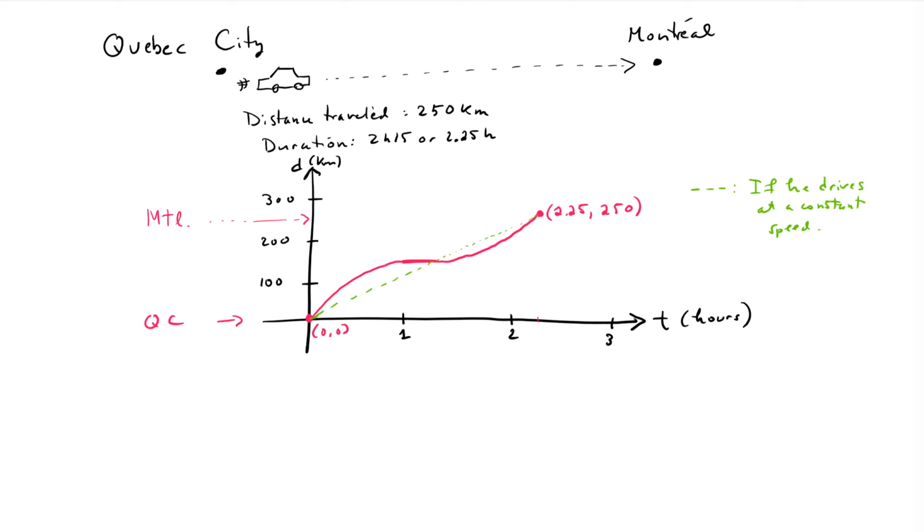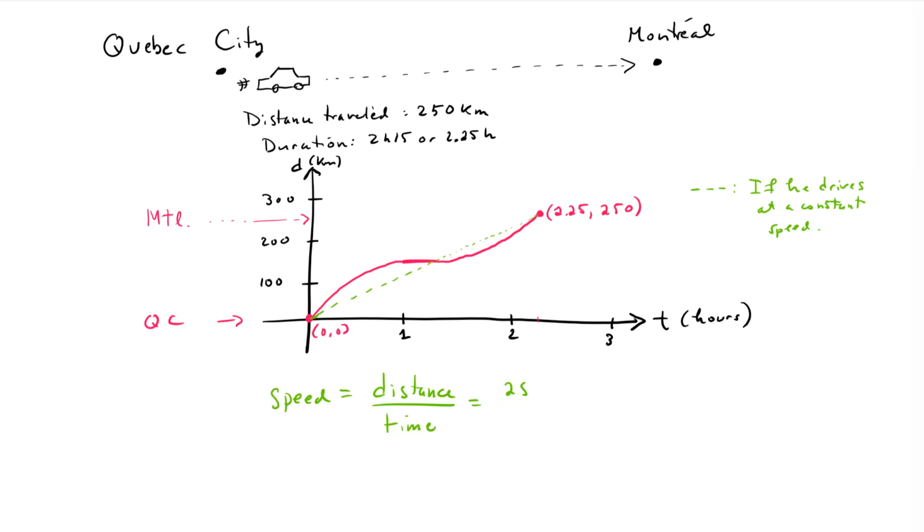I'll write in green because this is related to the curve in green. So his speed for the green curve is very easy to calculate. It's constant, so you just calculate distance traveled and divide by time.